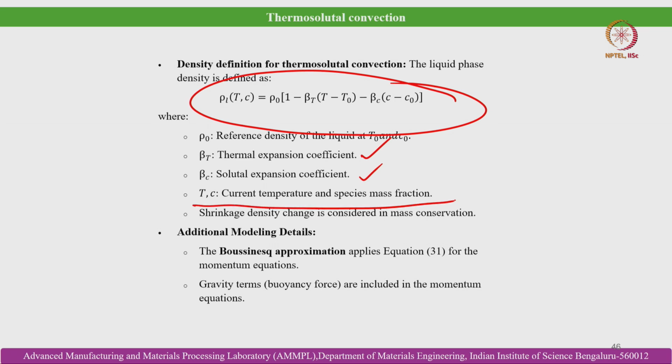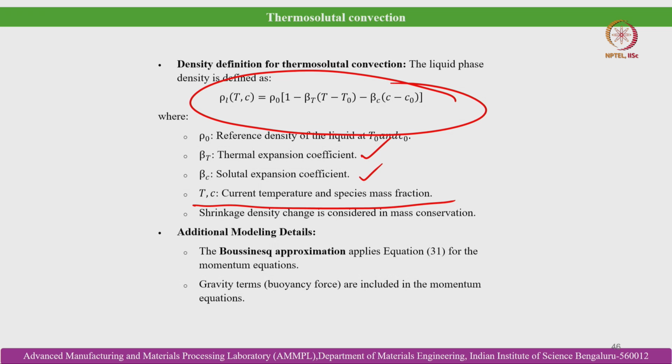So, this is the density for thermosolutal convection, where the density change due to thermal expansion, that is temperature change, and also the density change due to the change in solute concentration are both considered, and that is why it is termed thermosolutal convection. The shrinkage largely depends on that.